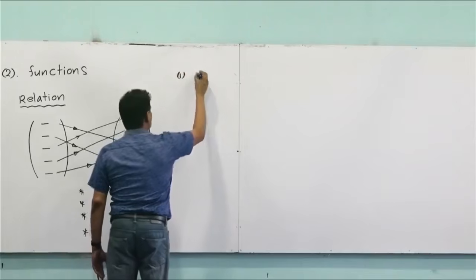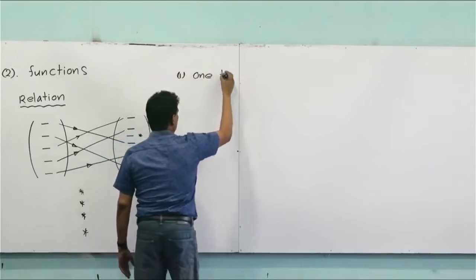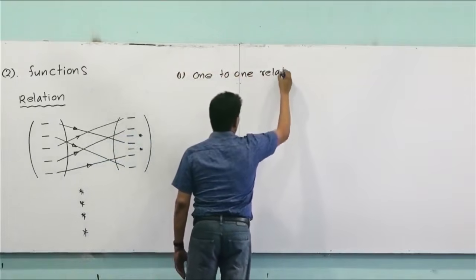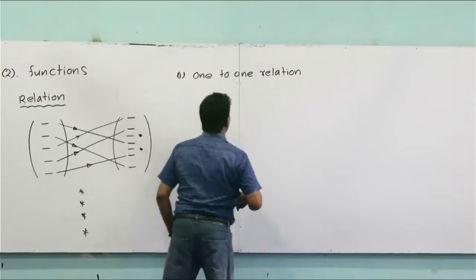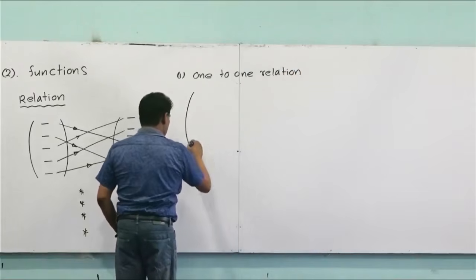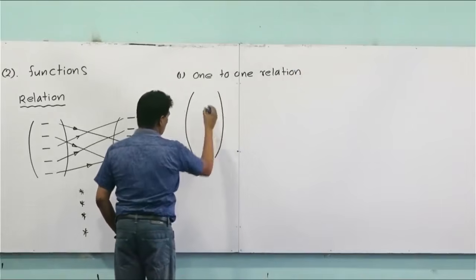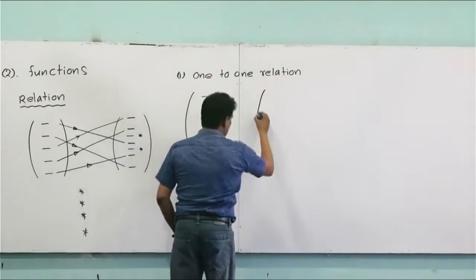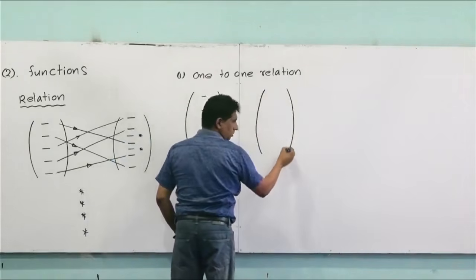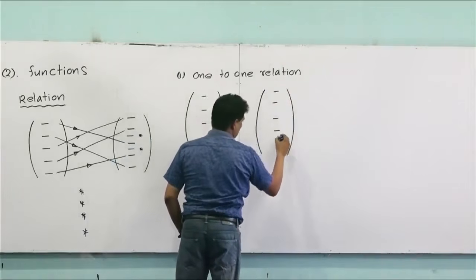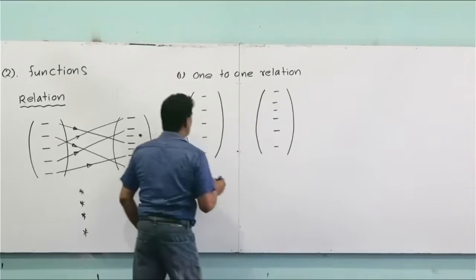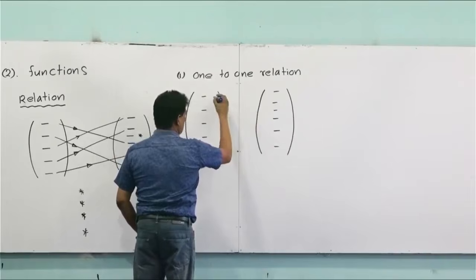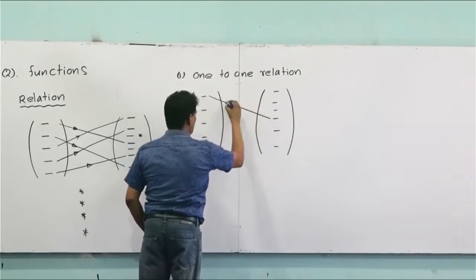One is the one-to-one relation. One-to-one relation means this is the first set element, and these are the second set elements, right? One element of the first set is connected with only one element of the second set, right?